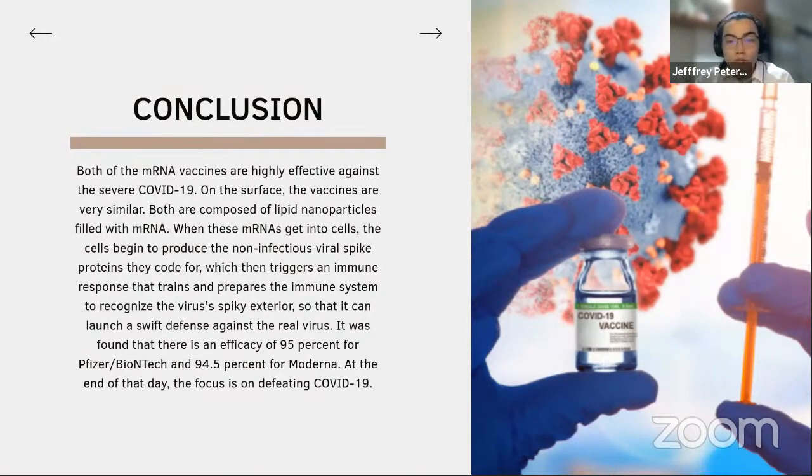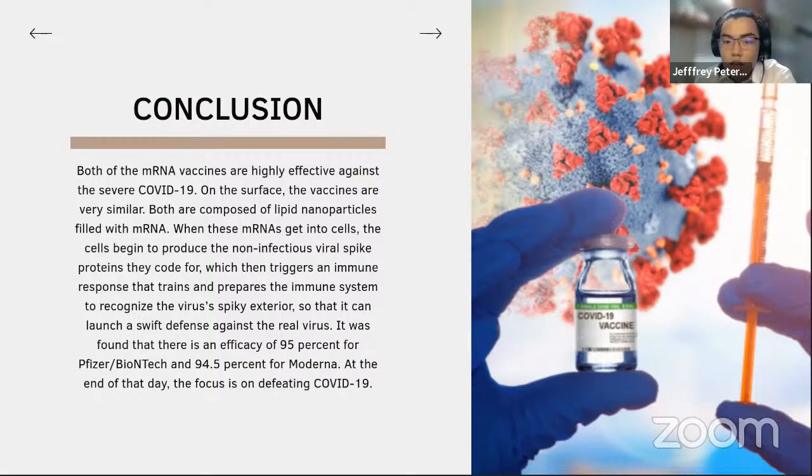So to conclude, both of the mRNA vaccines are highly effective against severe COVID-19. On the surface, the vaccines are very similar. Both are composed of lipid nanoparticles filled with mRNA. When these mRNAs get into cells, the cells begin to produce the non-infectious viral spike protein they code for, which then triggers an immune response that trains and prepares the immune system to recognize the virus's spike exterior so that it can launch a swift defense against the real virus.